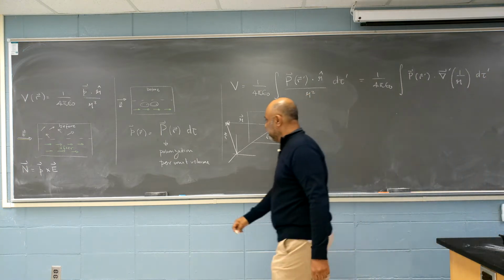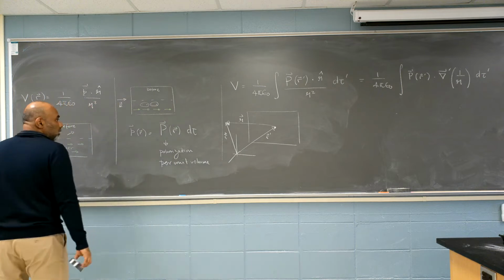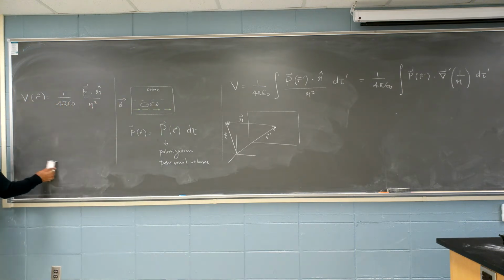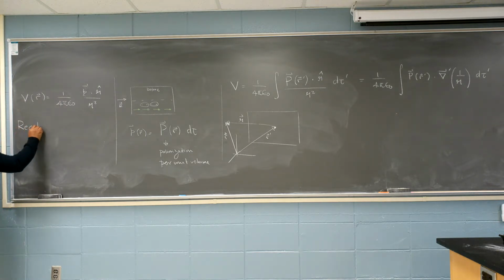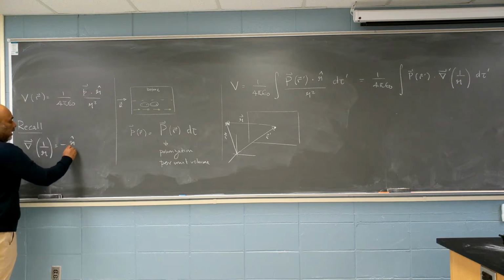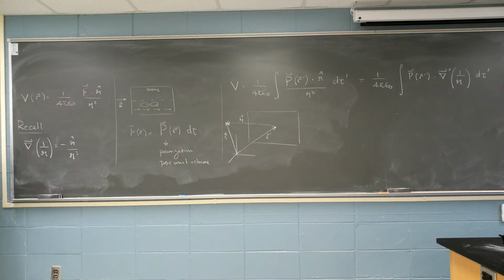expressions from before. I'll run out of space and I have to erase things. Gradient of this is minus r hat over r squared.